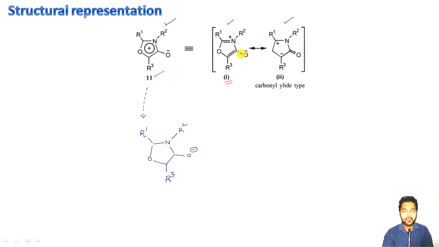Okay, so regarding the chemistry part or the chemical reactions, it is important to understand this structural representation concept, because doing the chemical reactions from this type of representation will be quite easy. Okay, but if you look here at this type of representation, it is a little bit difficult to understand the chemical properties or the chemical reactions.